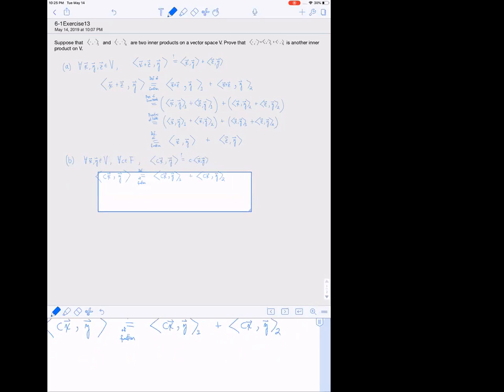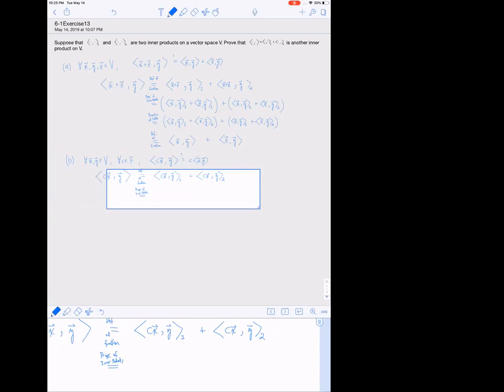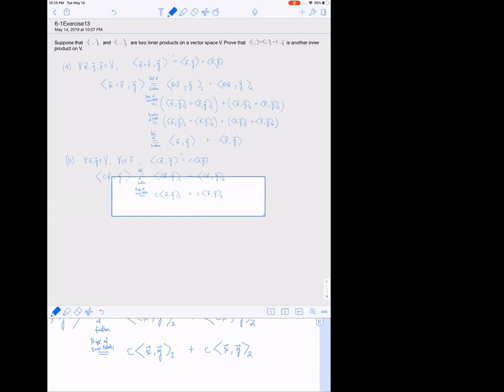But now bracket sub 1 is an inner product and bracket sub 2 is an inner product. So using properties of inner products, specifically the second property, property B, we know that this thing on the left is in fact the same as c times the inner product of x with y using inner product 1, and this thing on the right is the same as c times the inner product x with y using inner product 2, and now these are numbers.